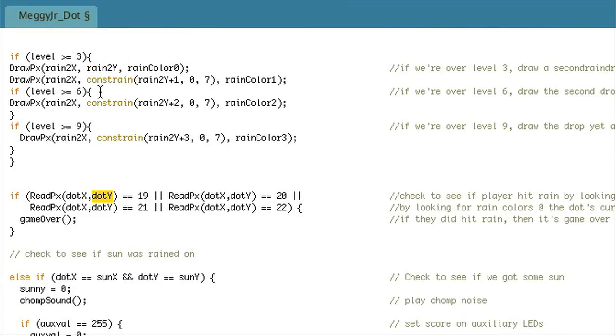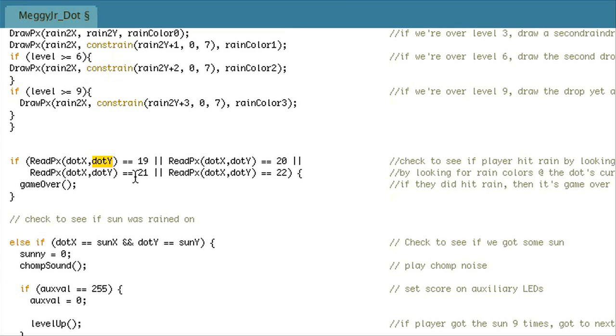Read where we said that the player is going to be drawn on the screen. And if we look at what's currently displayed on the screen that we put up to the screen the last time around, if that is one of the raindrop colors, which are these, the different blues, then game over because you got hit by rain.